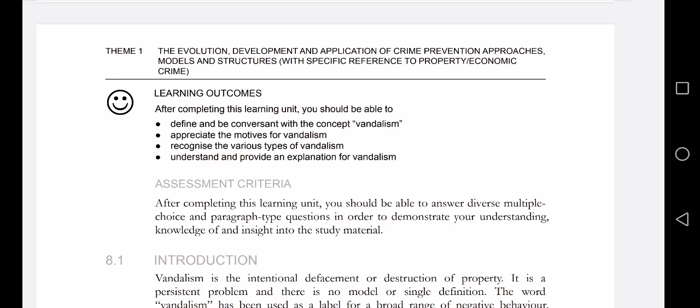Assessment criteria: after completion of this learning unit, you should be able to answer diverse multiple choice and paragraph type questions in order to demonstrate your understanding, knowledge of, and insight into the study material.